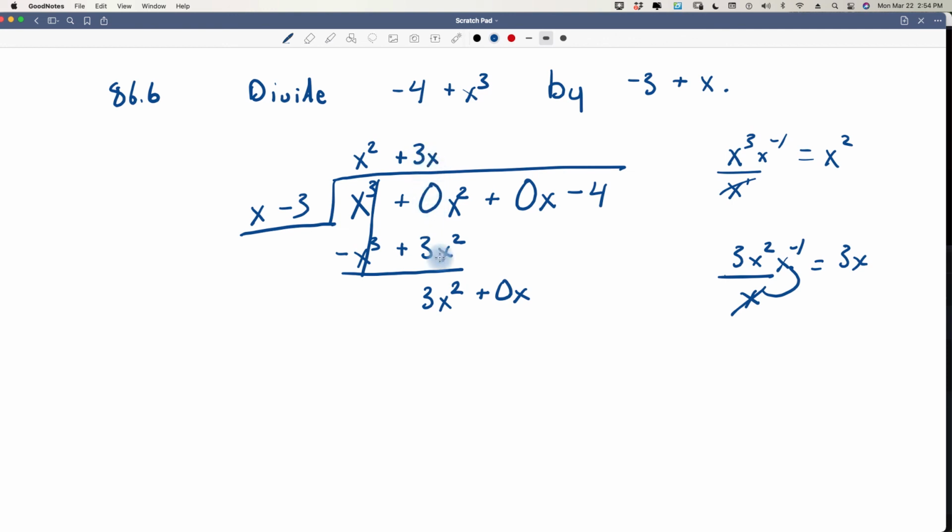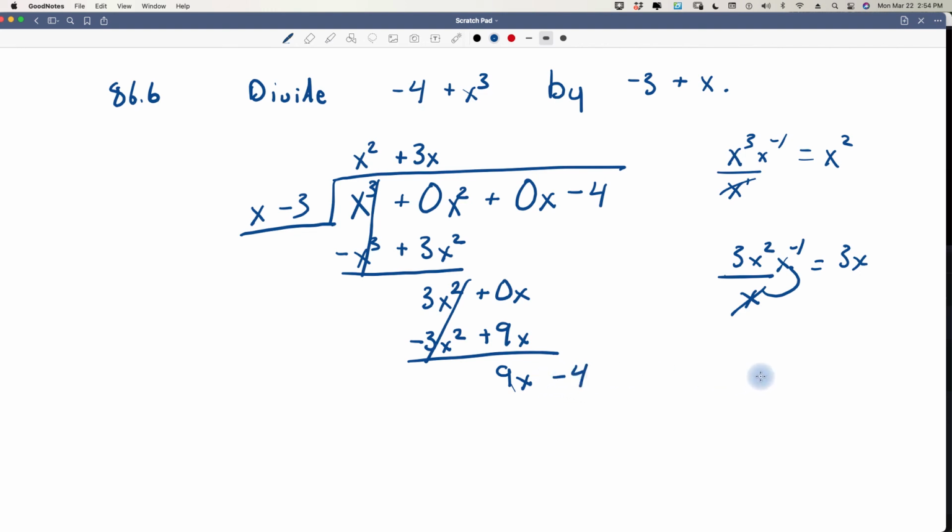So 3x. Now we multiply. 3x times x gives us 3x squared. 3 times negative 3 is a negative 9x. Flip the signs. These cancel. These combine to 9x. Bring down the negative 4.